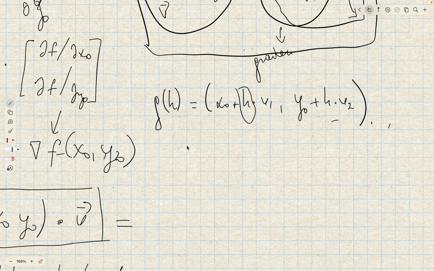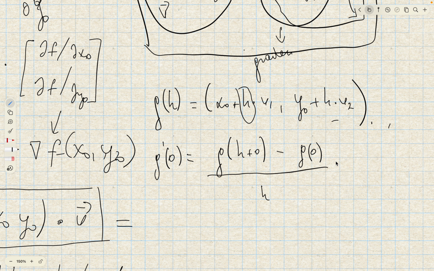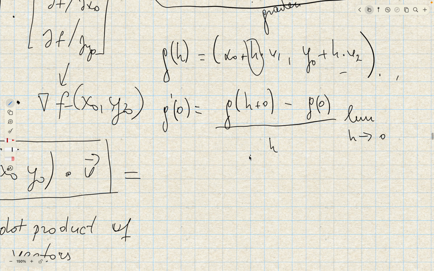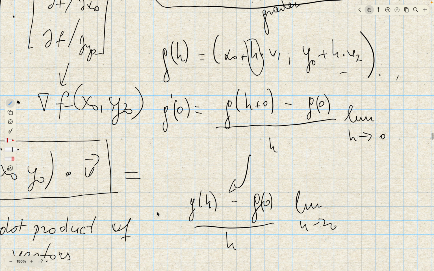When we want to find the derivative at point 0, by definition, we calculate g(h + 0) minus g(0) divided by h, limit h goes to 0. And this is simply g(h) minus g(0) divided by h, limit h goes to 0.